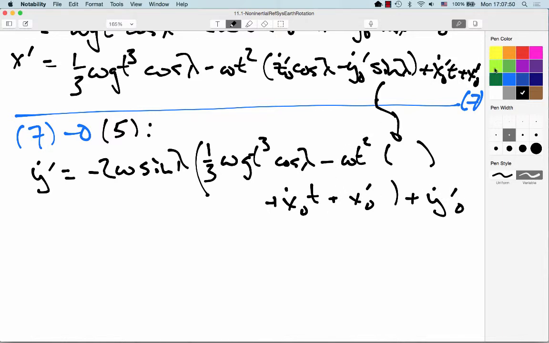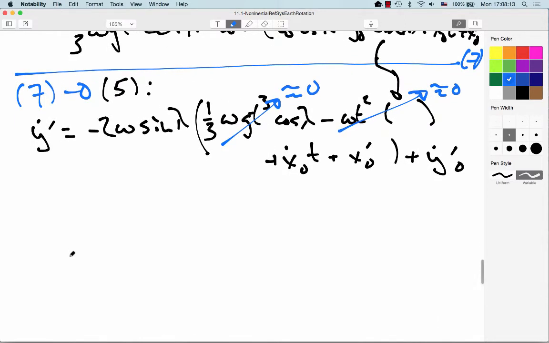And these two terms here, this guy and this guy, are both approximately 0. And again, it's the same deal. Omega times omega, it's going as omega squared. It's very small compared to these terms that are going as omega. Ditto this guy here, which is why I didn't bother writing that stuff in.